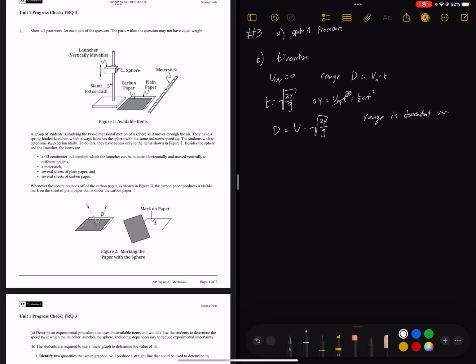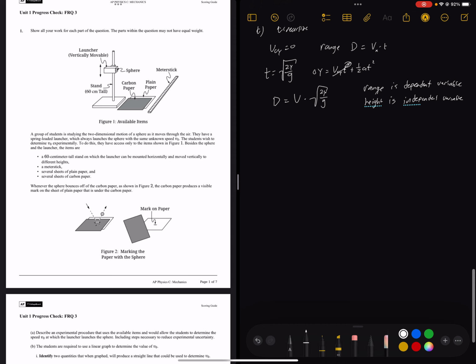So the range is the dependent variable, and the vertical position, the height, is the independent variable. We're changing the height, and the range is going to depend on the height.